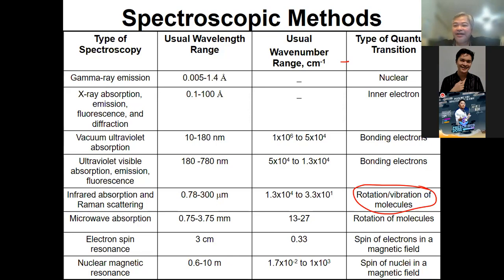Dun sa nag-IR na. Or dito. Oh, it's stretch. Okay, so you have your symmetrical stretching or asymmetrical stretching, or meron din yung mga ganun or di kaya ganun, right? So those are the vibrational spectroscopy. You can have microwave, electron spin, and NMR.